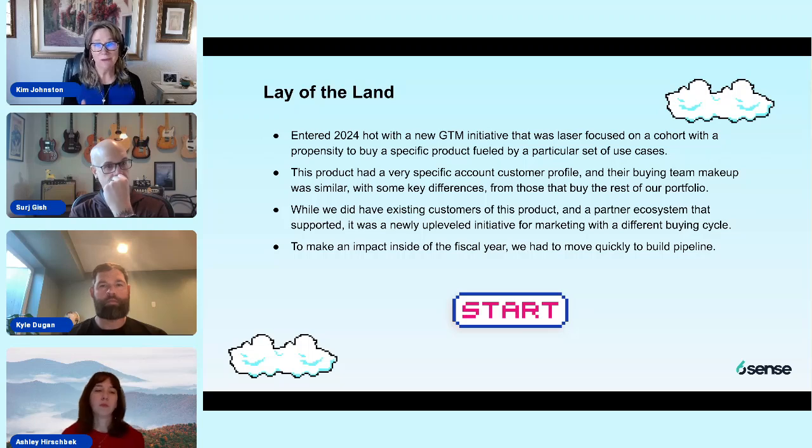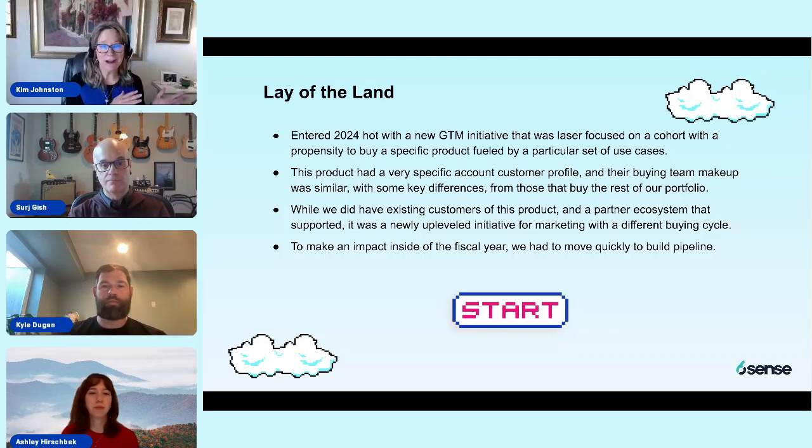We also knew that the buying team would be similar to what we're used to in our typical ICP, but we knew there would be some differences, and it would be very important for us to understand those nuances so that we could orchestrate an approach that took advantage of them. We did have existing customers who had bought this combination of products from us, so it wasn't exactly new to the company.